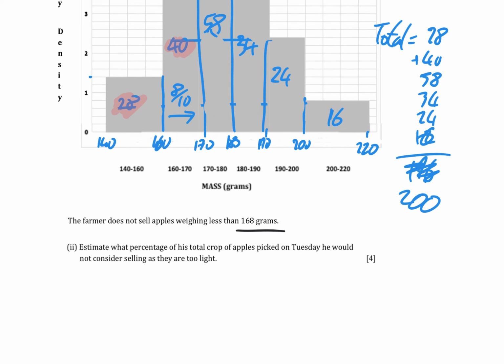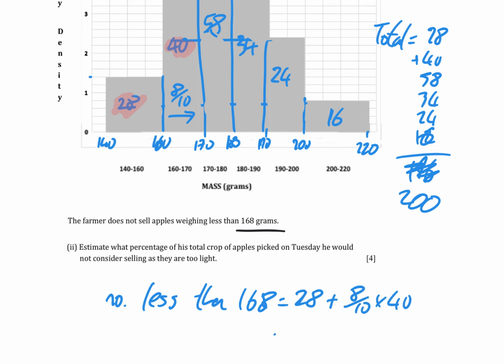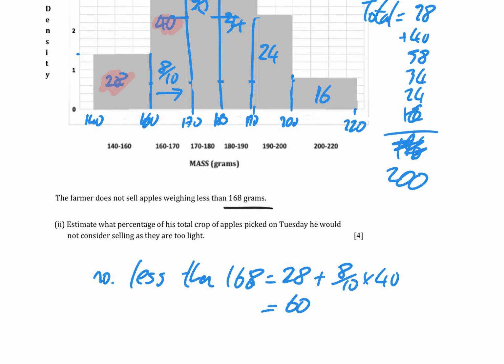So the number less than 168 is 28 plus 8 tenths of 40. On the calculator, 28 plus 8 tenths times 40 equals 60. So there's 60 less than 168.